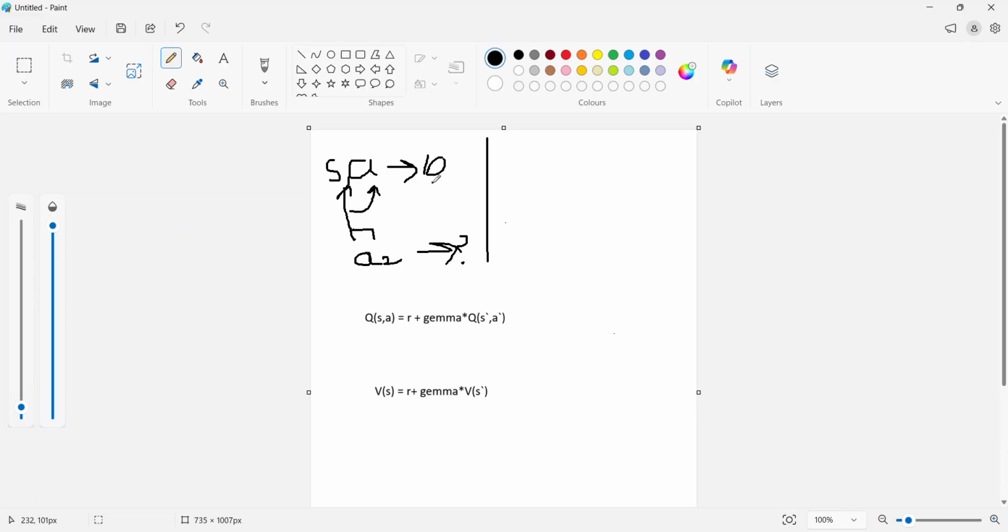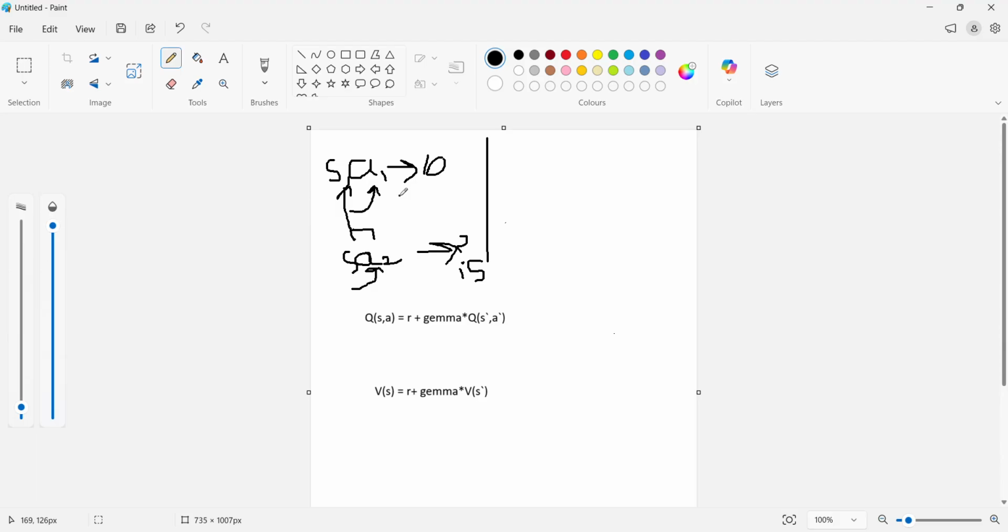Sometimes we exploit what we already know, and sometimes we explore new things so that we can get new information and then optimize. So if I got a better reward than 10, say 15, then the next time I come to this state, I am going to take this action A2 rather than the action A1.